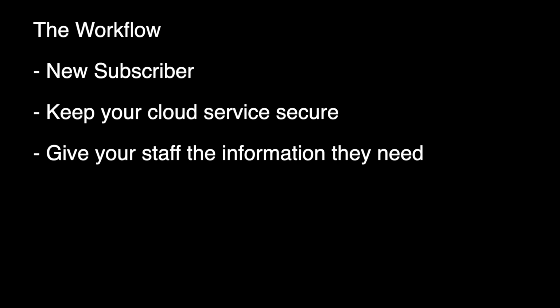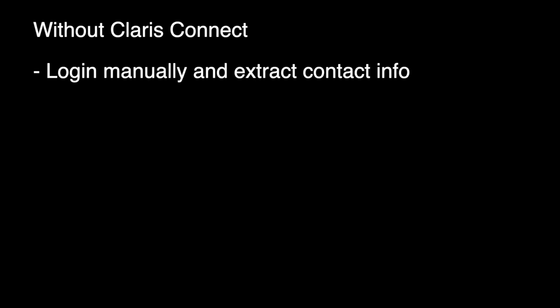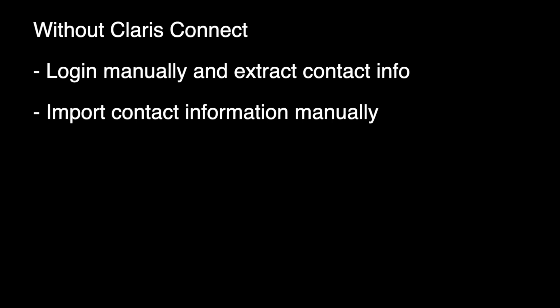Let's take a look at what this involves if you're not using Claris Connect. You'll gather subscribers into various email lists inside ActiveCampaign. You'll need to log into the ActiveCampaign account and manually download those contacts, and you'll have to manually put them into a spreadsheet.